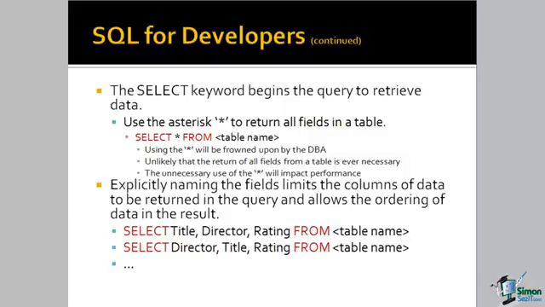So when we write a select statement, we follow the select keyword with the names of the columns of data that we're interested in. Again, often we're not interested in all of the columns within a table, but some subset of those columns. We can list that set of columns in a comma-separated list after the keyword select, followed by the from keyword and then the name of the table containing the data.